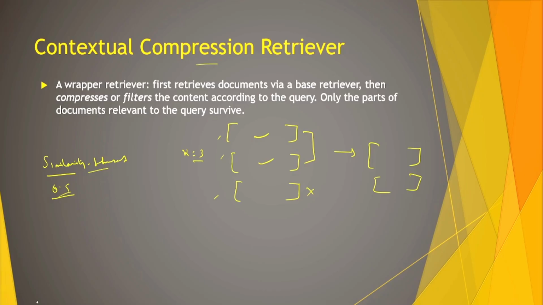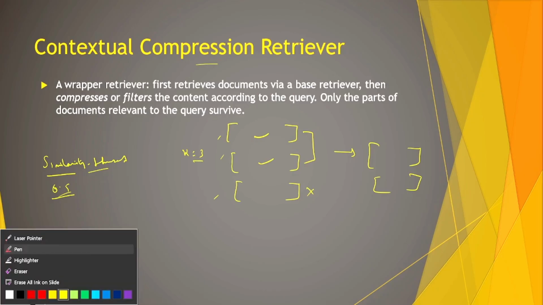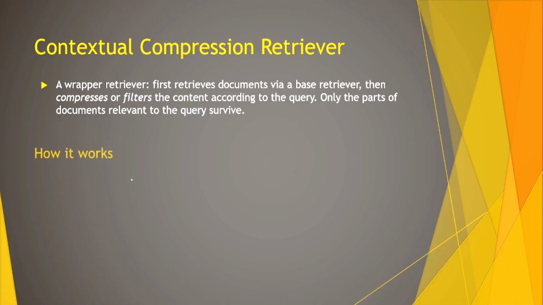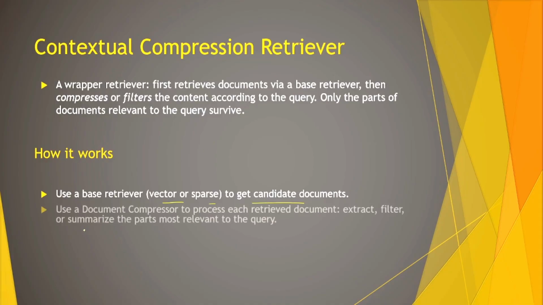So let me use it. So how does it work? Use a base retriever, vector or sparse, whatever it is. We get our candidate documents, all the relevant documents. Now use a document compressor to process each retrieved document. Okay, extract, filter, or summarize the parts most relevant to the query.